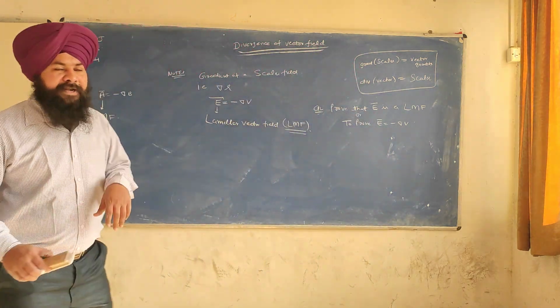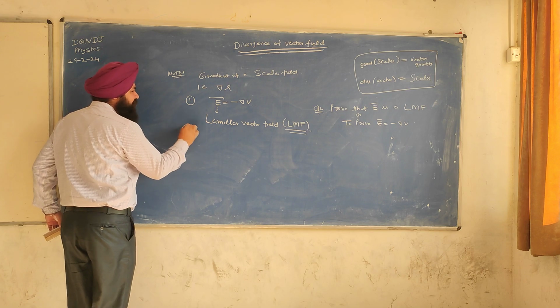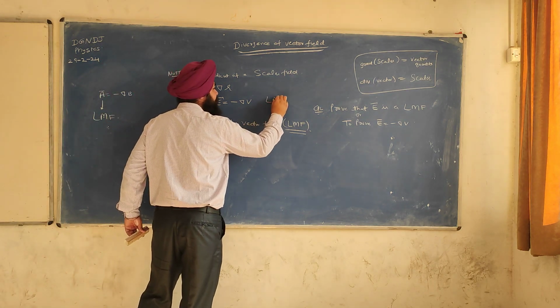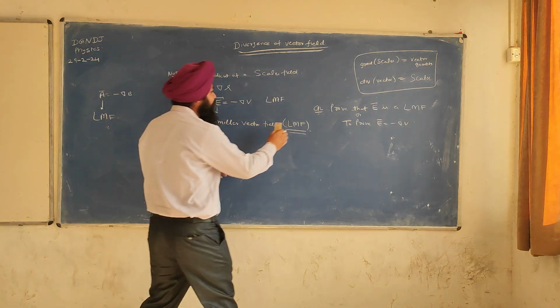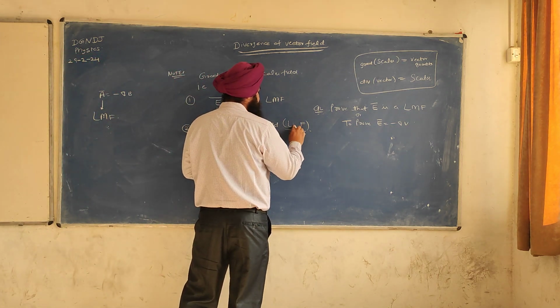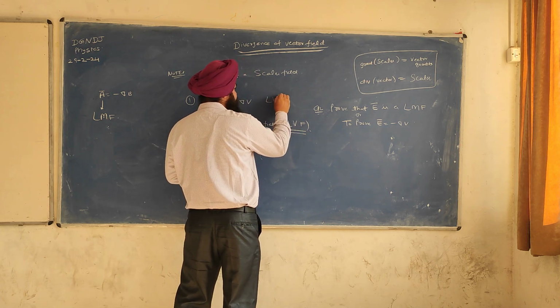Okay. This is the first point. This is called a laminar vector field, LVF.